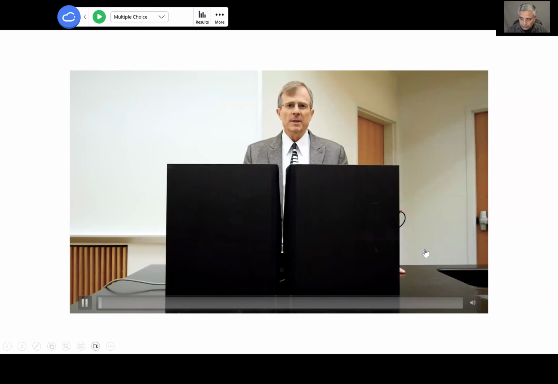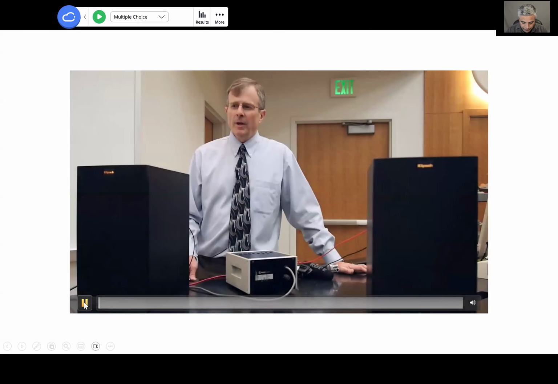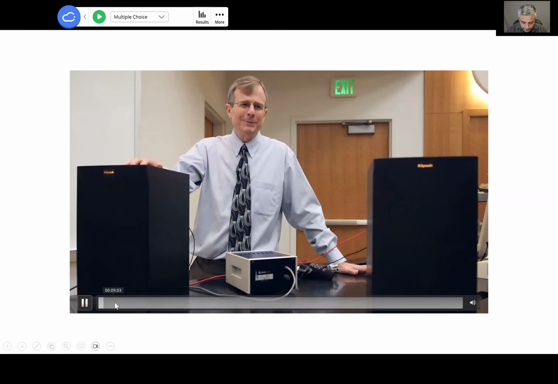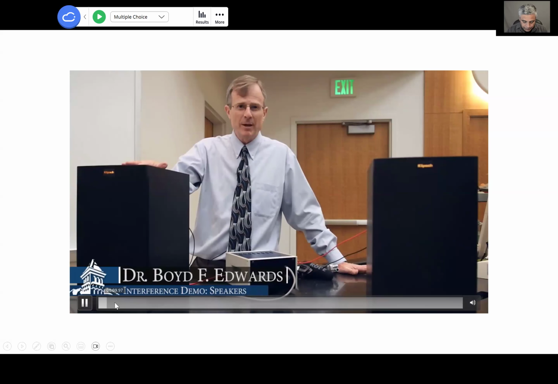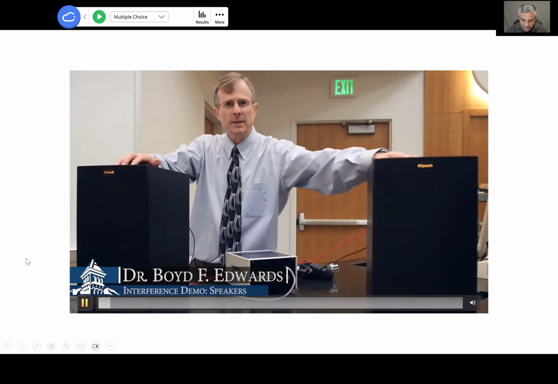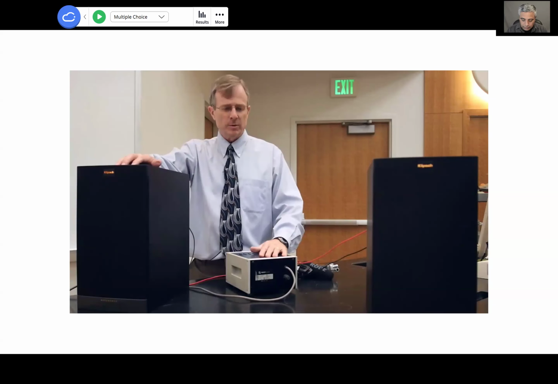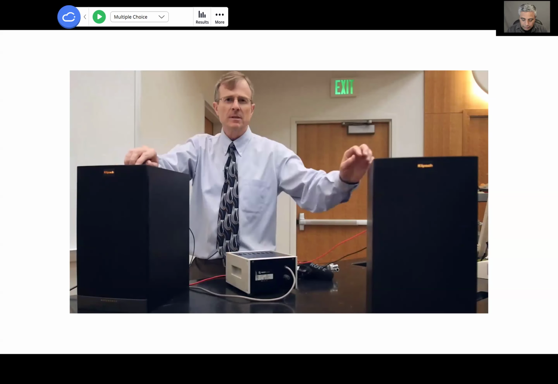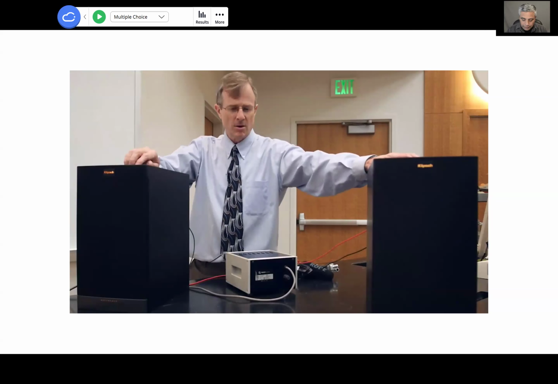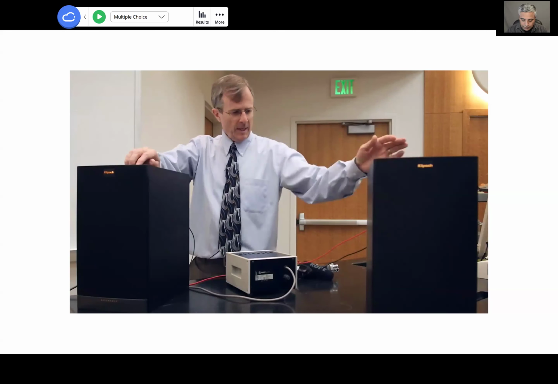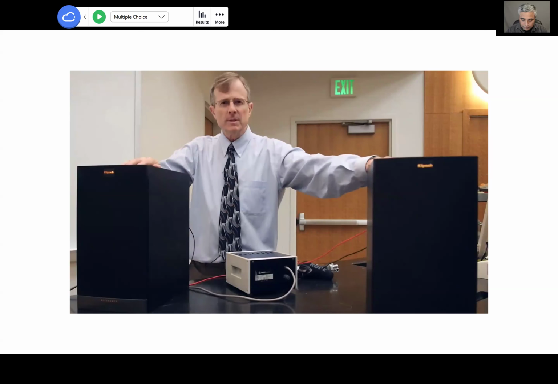Okay, I'm going to demonstrate. So I think I have another video that shows the constructive and destructive. Okay, this is a demonstration of interference patterns produced by two speakers. This signal generator is generating a tone at about 2,000 cycles per second, 2,000 hertz, and it's sending the same signal to both of these speakers.